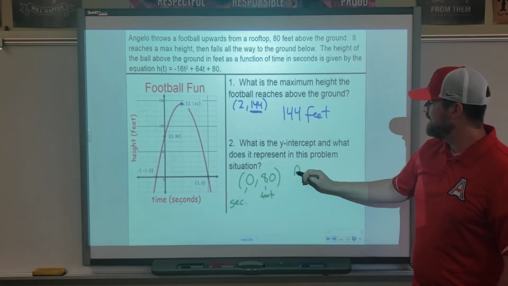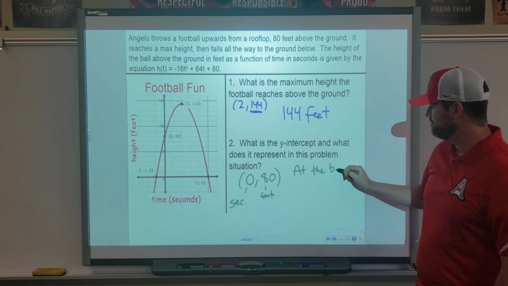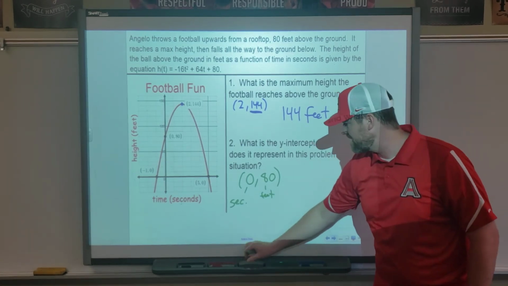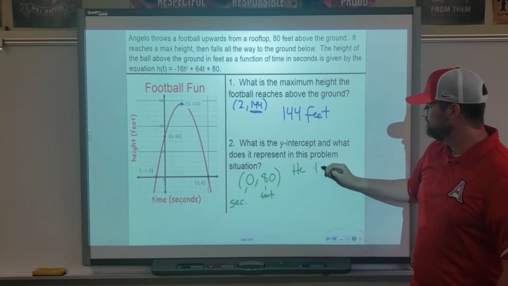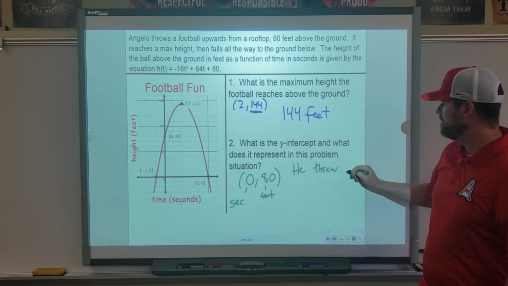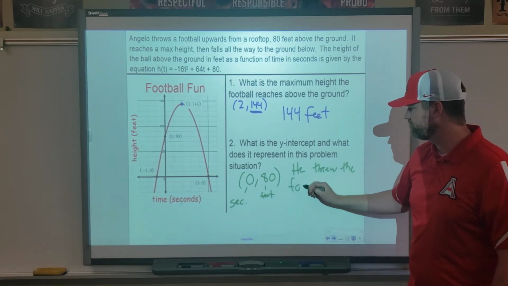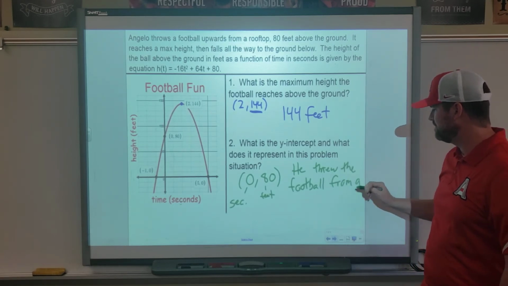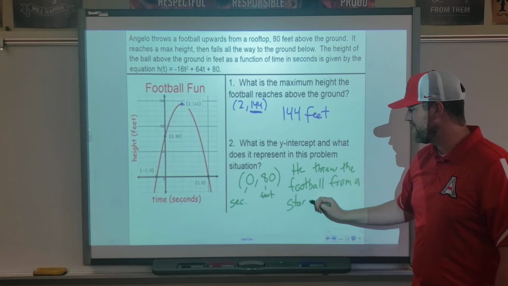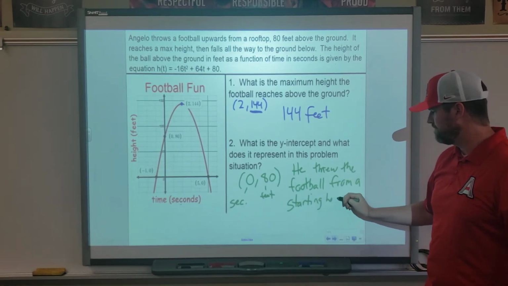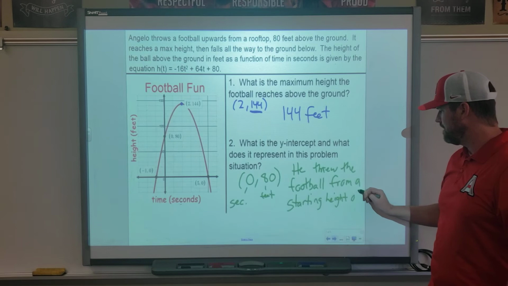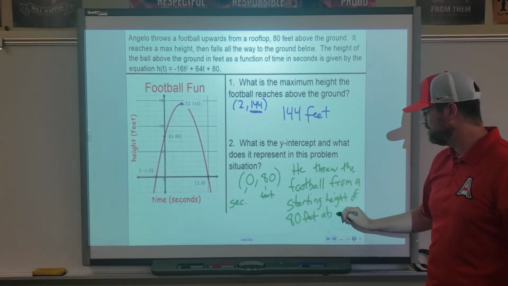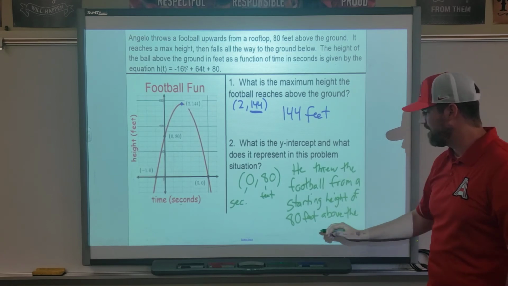So at the beginning, actually I'm going to write that differently. We can write this a number of ways, but I'm going to say he threw the football from a starting height, or initial height, of 80 feet above the ground.